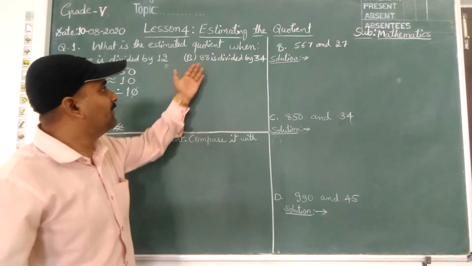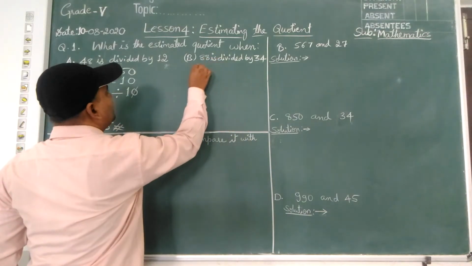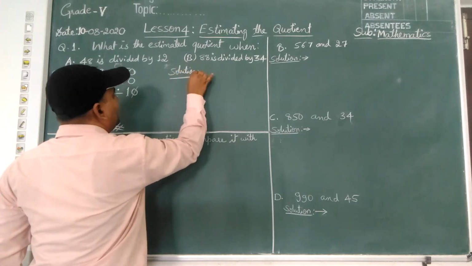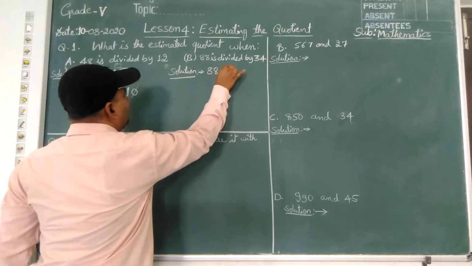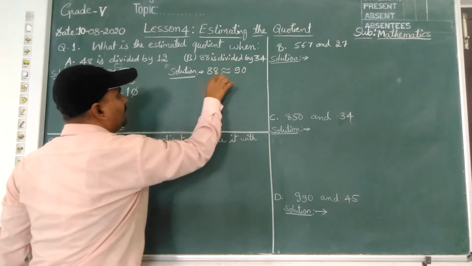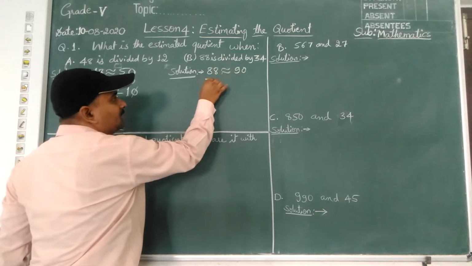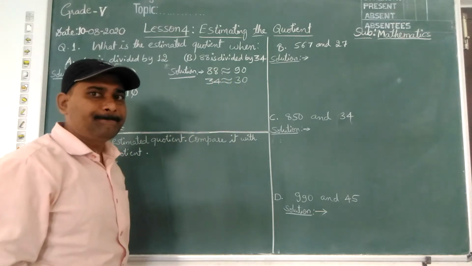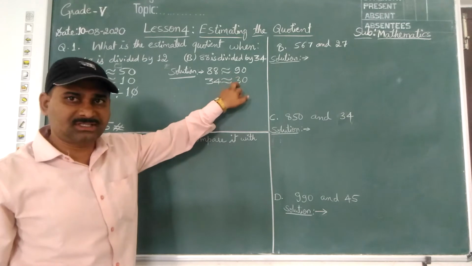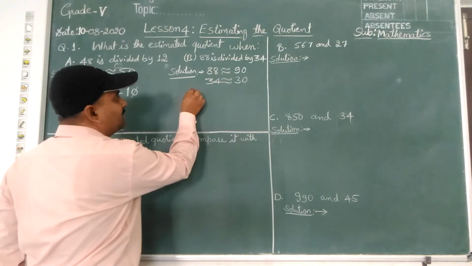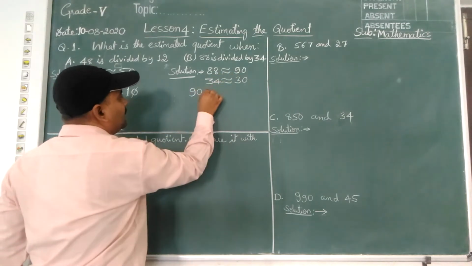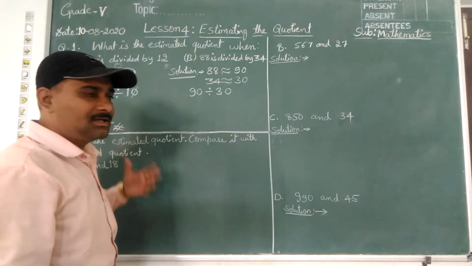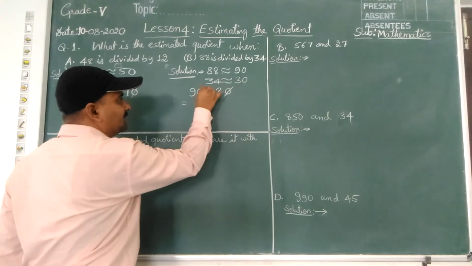Okay, let us see the B one here. 88. So B solution. 88 is a round figure near to 90. 34 is nearer to 30. We got the estimated numbers. Divide these estimated numbers. 90 divided by 30. As I said earlier, 0 will get cancelled here.